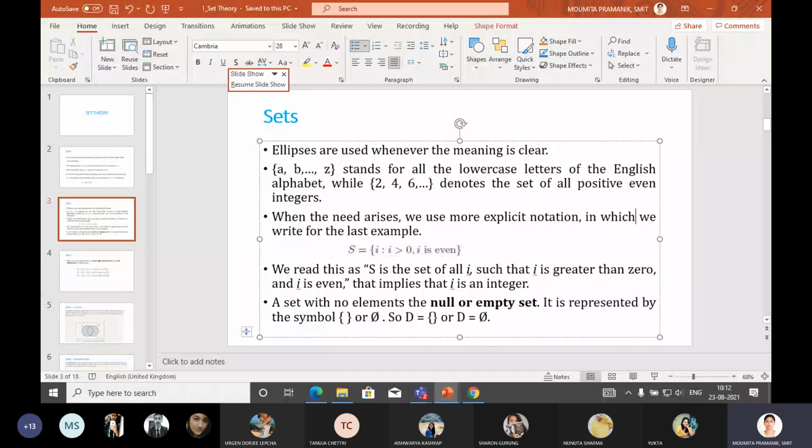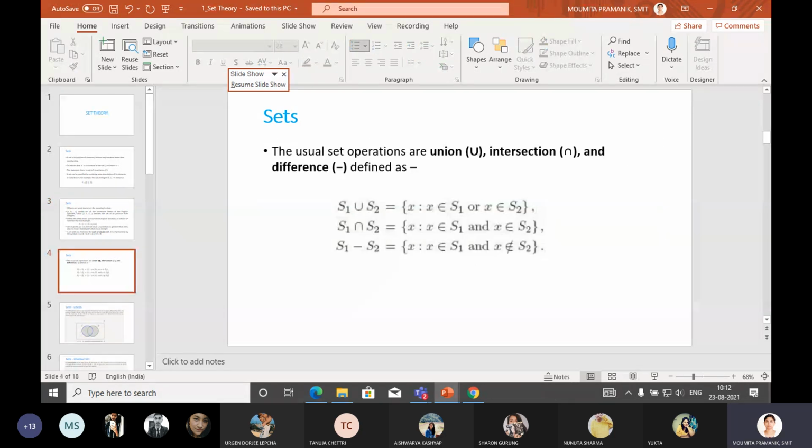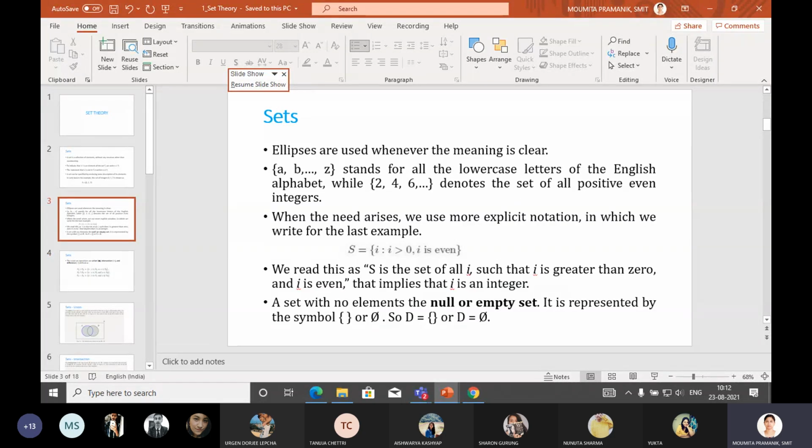So if you notice here, we can represent this with the curly braces, or equal to null. Is it clear, student? What is the empty set and how to explicitly write the set elements? Is this clear, student, up to this?